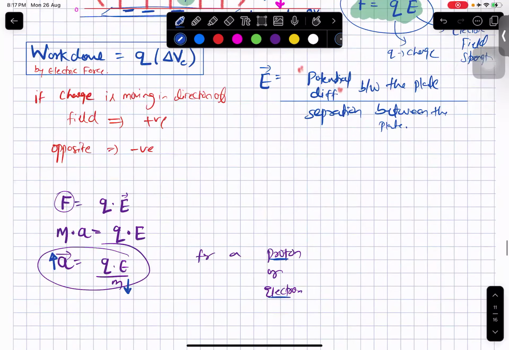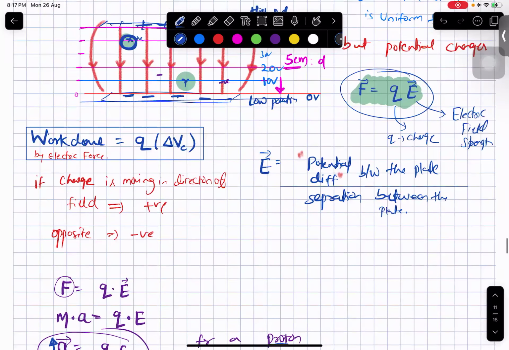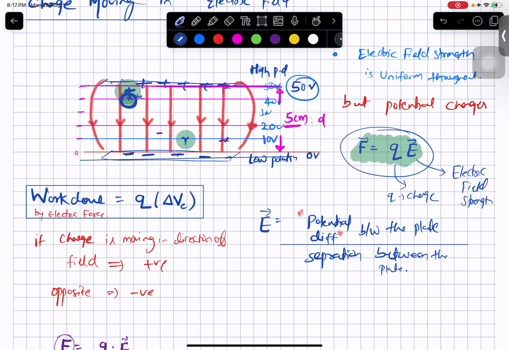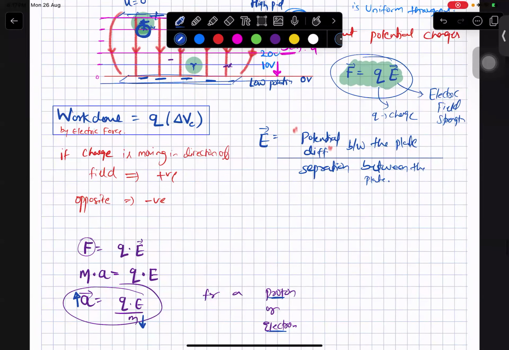Understand. And we will also see, if we knew the acceleration, and let's say this is the positive charge, starting from rest, so its initial velocity is 0 and it's accelerating.